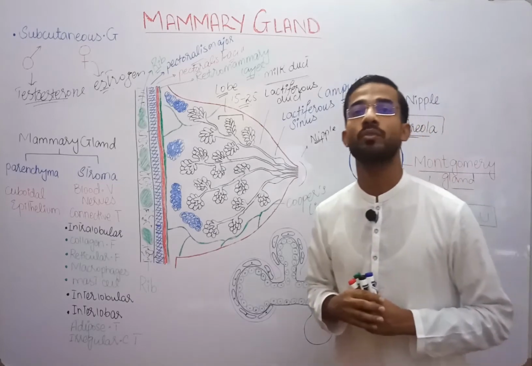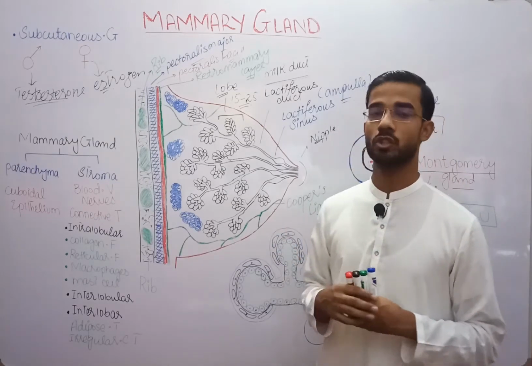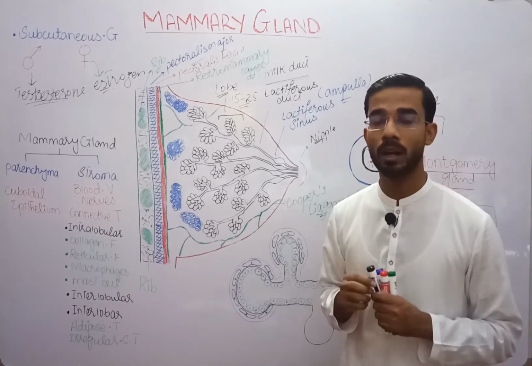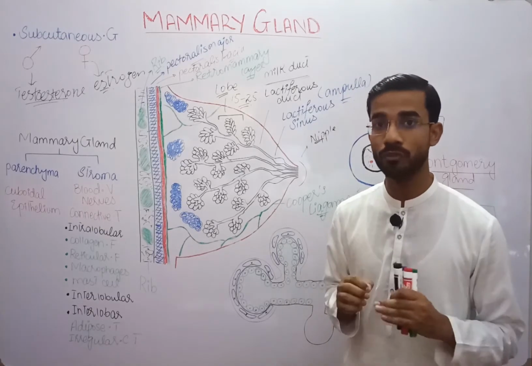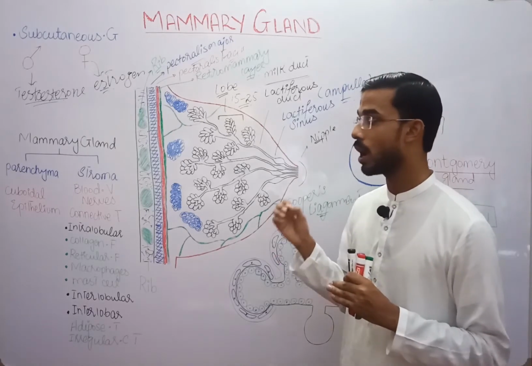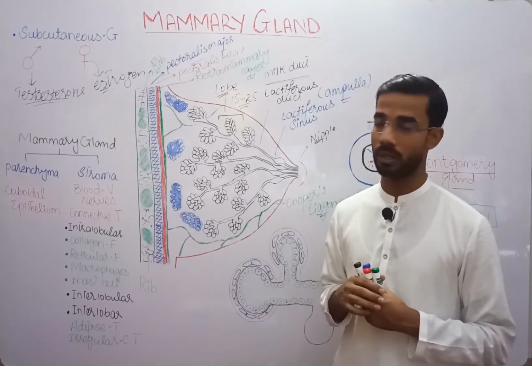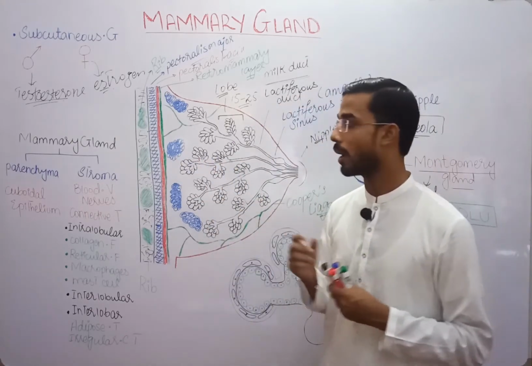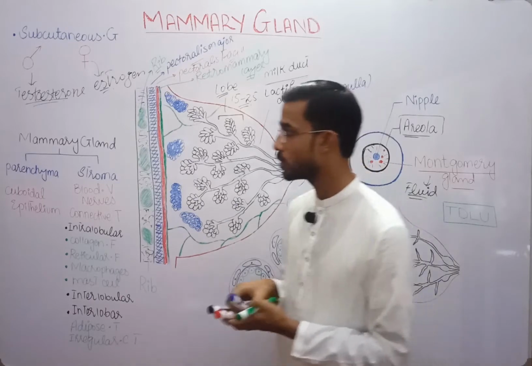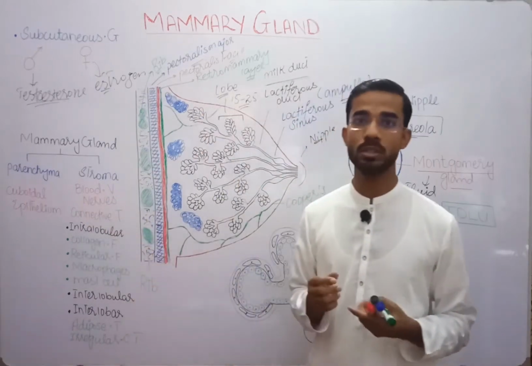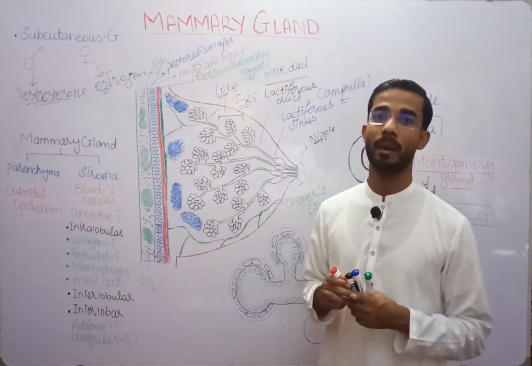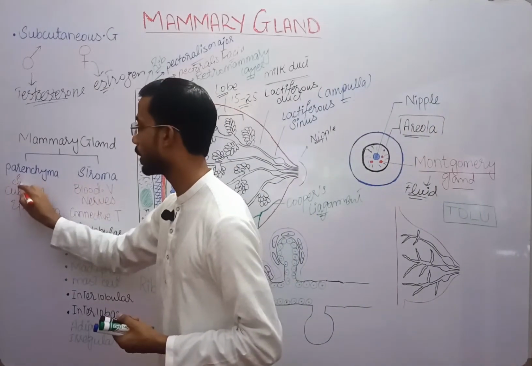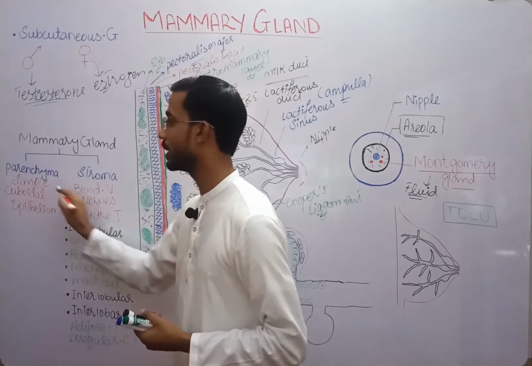An organ consists of two components, parenchyma and stroma. Parenchyma is the part of the organ which forms the majority of that organ, and stroma forms the other components of that organ. In the mammary gland, the parenchyma is actually the cuboidal epithelium, because the majority of the ducts of the mammary gland are simple cuboidal epithelium, right?